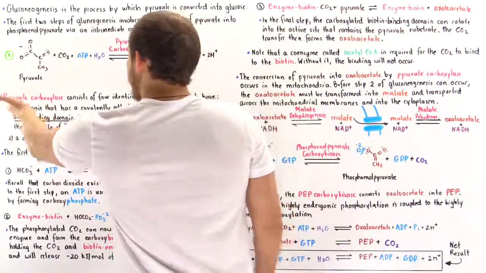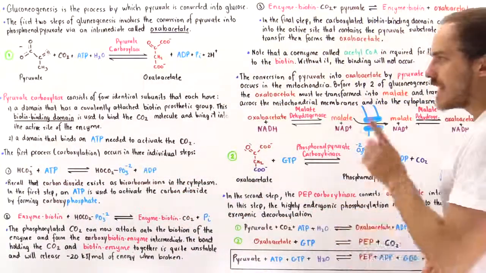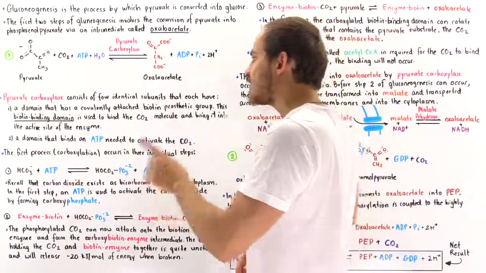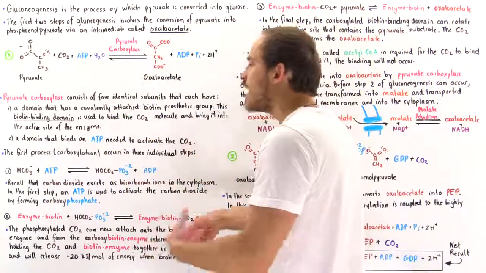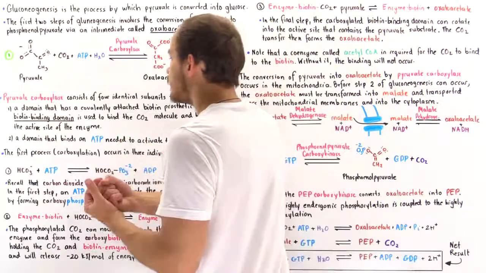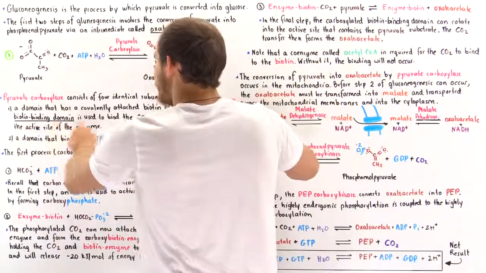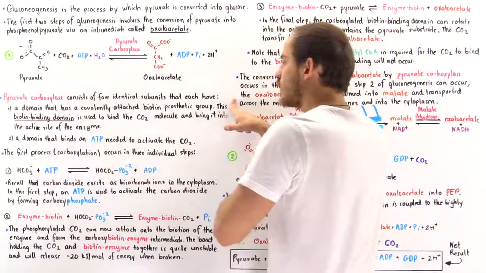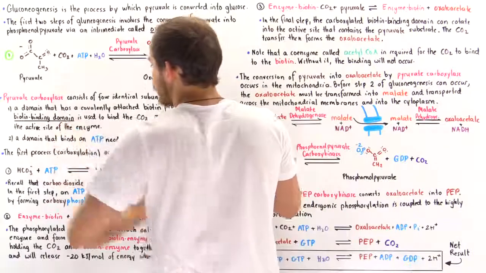So once again, pyruvate carboxylase consists of 4 identical subunits that each have a domain that has a covalently attached biotin prosthetic group. So this helper group helps to bind that CO2. So we call this group the biotin binding domain that is used to bind the CO2 molecule and bring it into the active site of the enzyme.